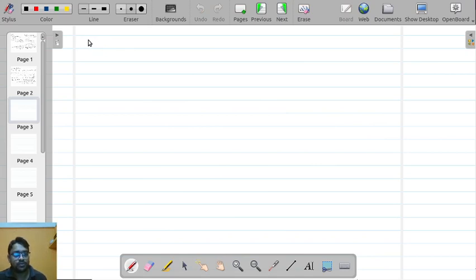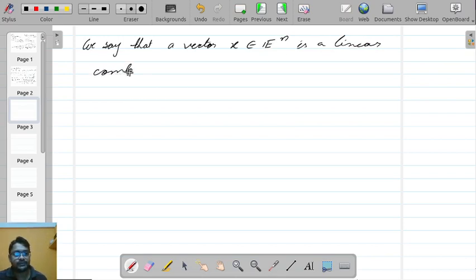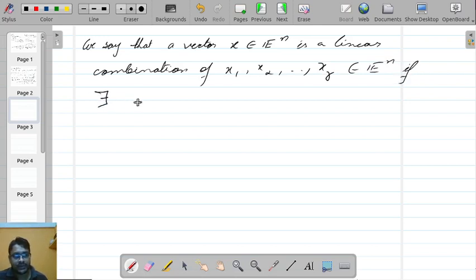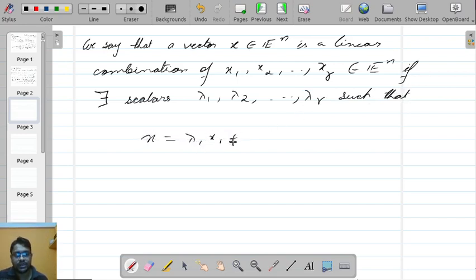So we say that a vector x in R^n is a linear combination of x1, x2 up to xr in R^n if we can find scalars, if there exist scalars lambda 1, lambda 2 up to lambda r, such that x is equal to lambda 1 x1 plus lambda 2 x2 up to lambda r xr.